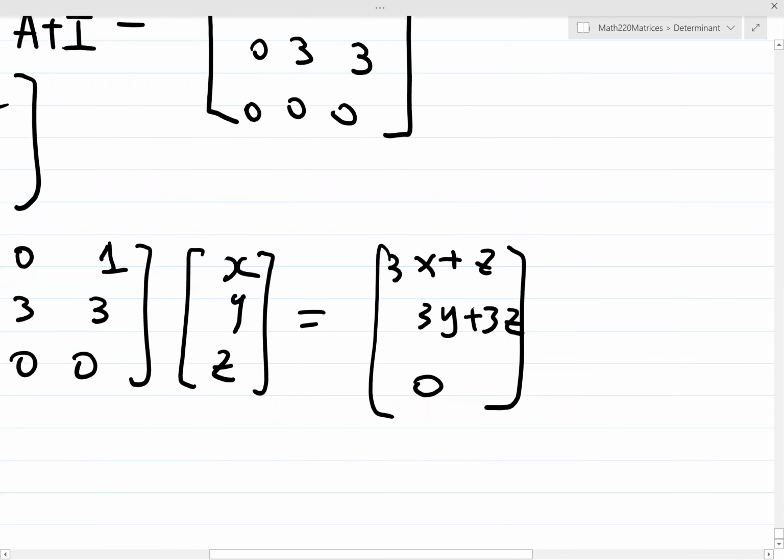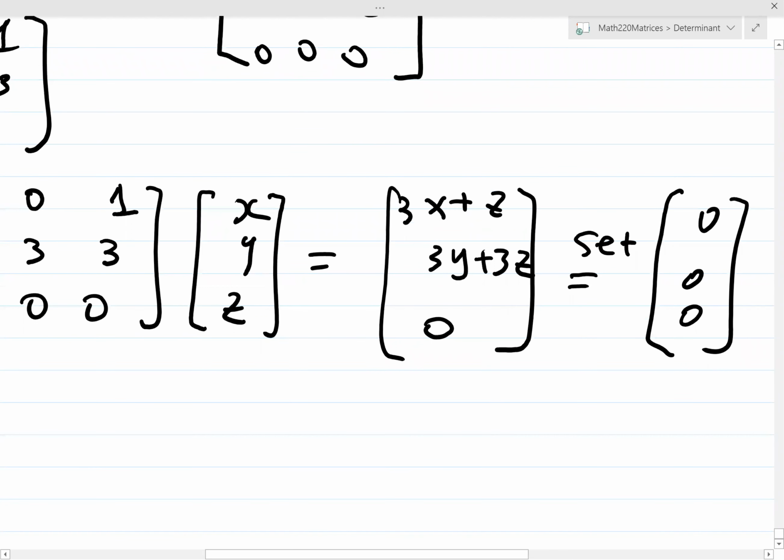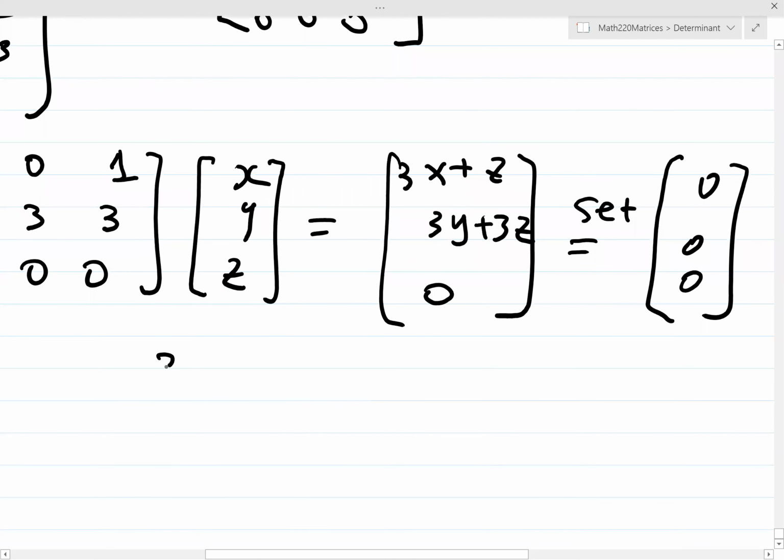We want this vector to be in the null space, so we set it equal to 0, 0, 0. Comparing component-wise, we get 3x plus z is 0 and 3y plus 3z is 0.